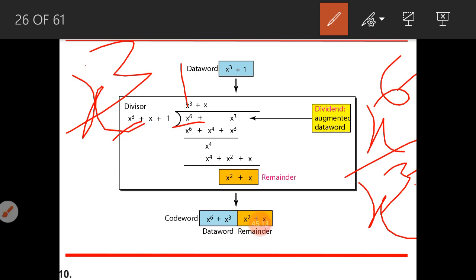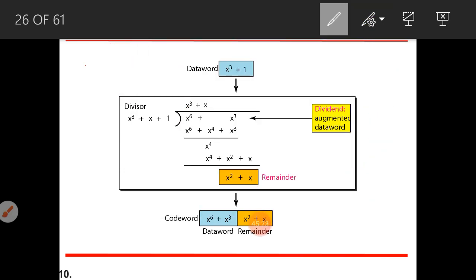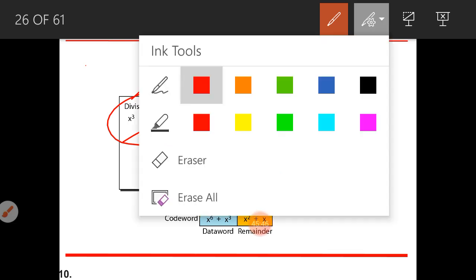So that is the first quotient, and after that we need to multiply that quotient with the divisor, x raised to 3 into this divisor.